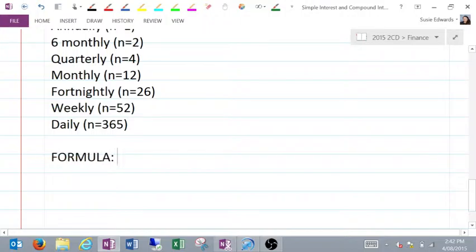Now, for those of you that haven't done 2CD before, you may not have seen this extensive formula for compound interest before. Okay, in earlier years, we've always used sort of a more simplified version of this. But if you've done 2CD, of course you have. So our formula for this is, can you remember what it is?